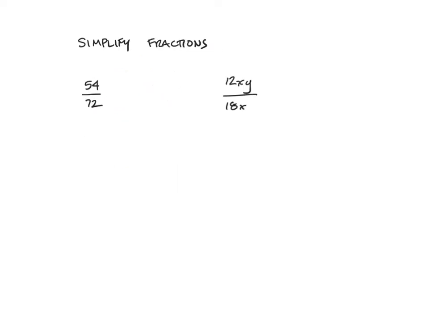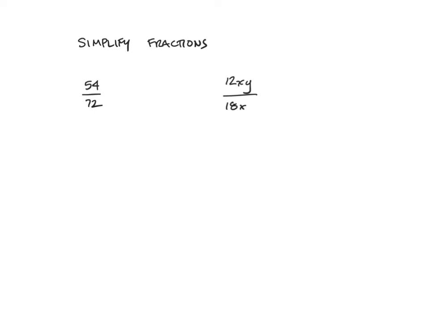Alright, we're going to simplify some fractions now. So this is really, really important. We need to know how to do this, and we need to know how to do it well. Essentially what you're doing when you're simplifying fractions is you're going to find the GCF, the greatest common factor, of the numerator and denominator, and you're going to divide that out from the top and the bottom.